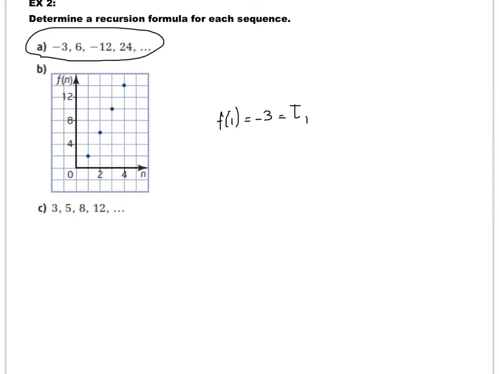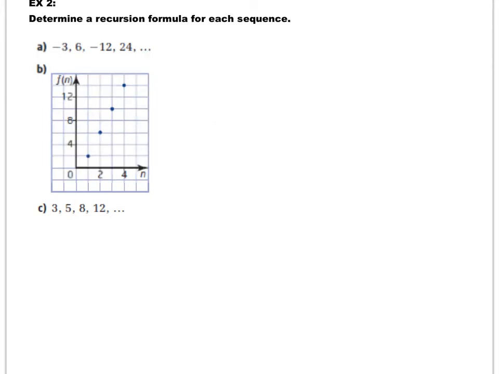You can see that the pattern is every previous term is multiplied by negative 2 to get the next term. 24 is negative 2 times negative 12. So I can write that f of n is equal to negative 2 f of n minus 1, or I can write that t sub n is negative 2 t sub n minus 1. So this is our recursive definition.